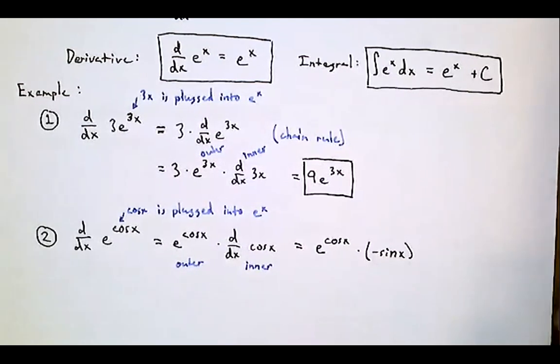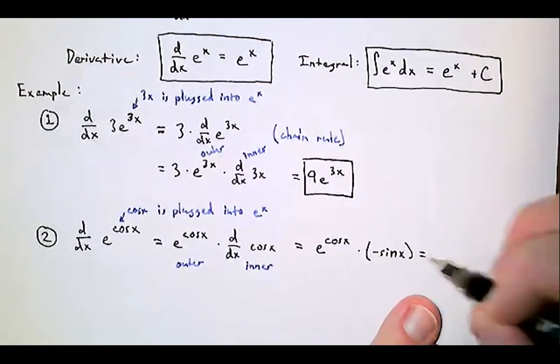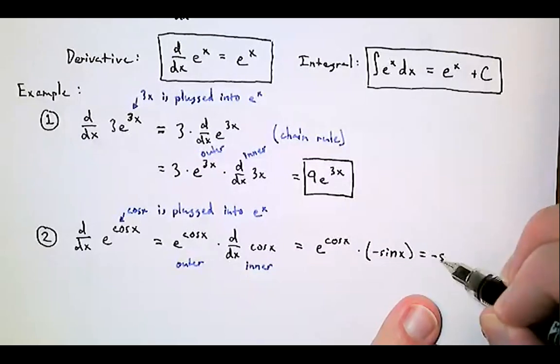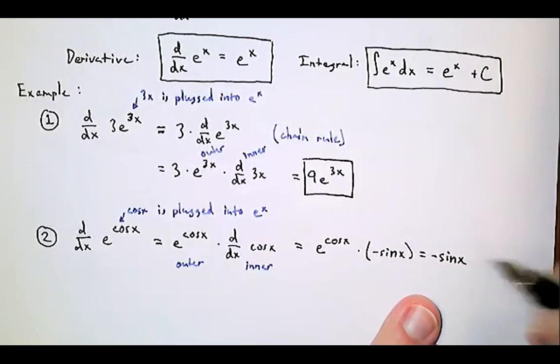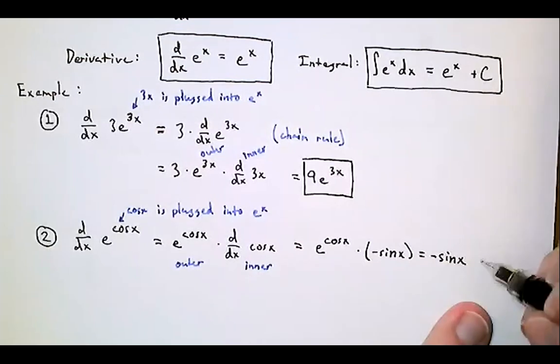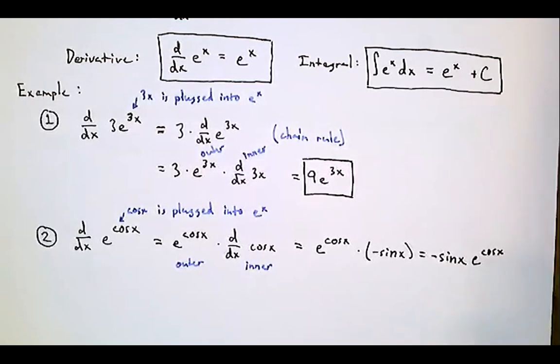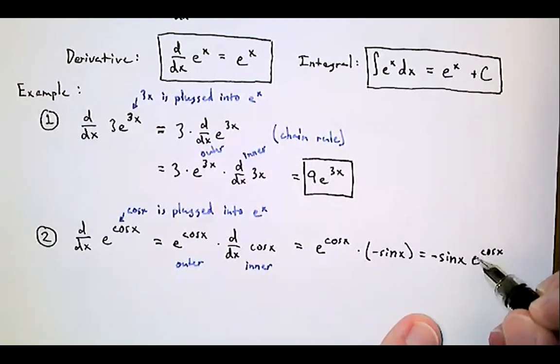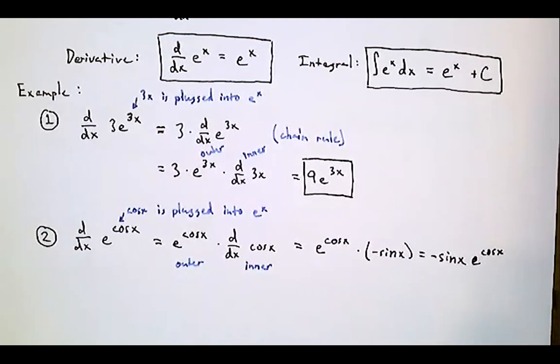We probably want to write this in a nicer way. If you see this written out, it'll probably look like this. So the negative sign would be in the front, before the exponential. Okay, any questions over that second example?